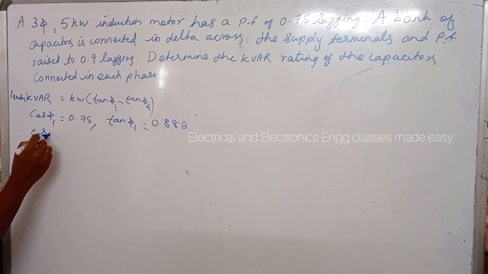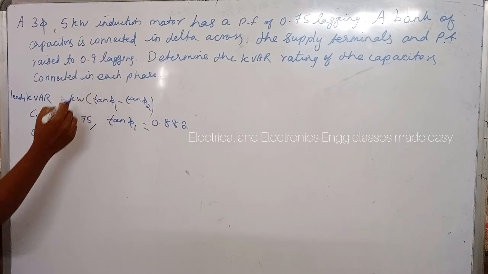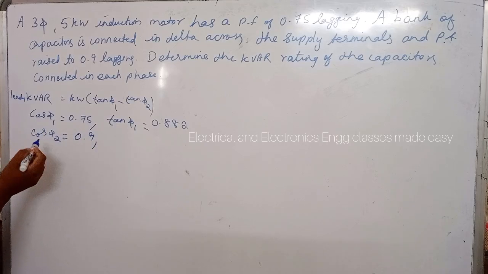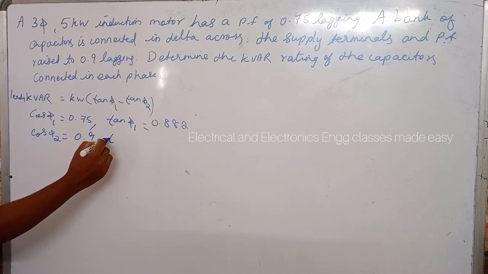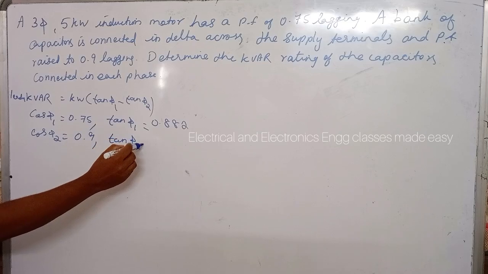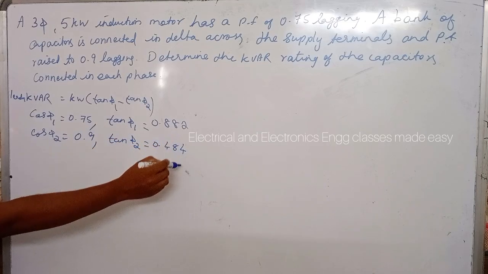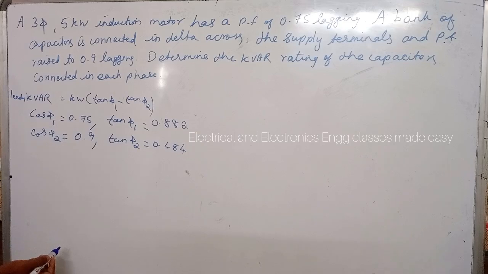Then cos phi 2 is 0.9. From cos phi 2 we can calculate phi 2, then calculate tan phi 2. Tan phi 2 is equal to 0.484. Now we can calculate the leading kVAR.